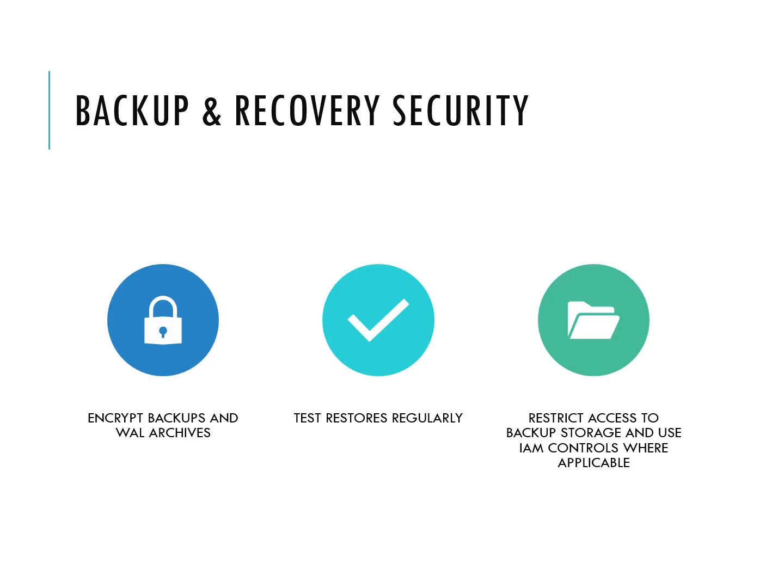You should test restores regularly. A backup is only useful if you can restore it. Restrict access to backup storage with IAM or ACLs, and log all backup and restore operations. You also might want to consider immutable backups or versioning to protect against ransomware.